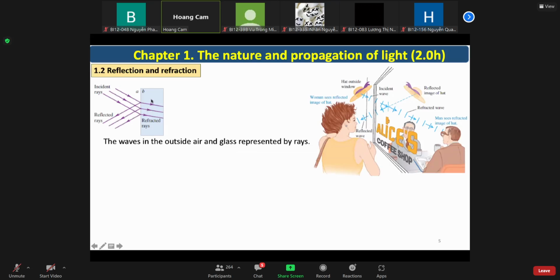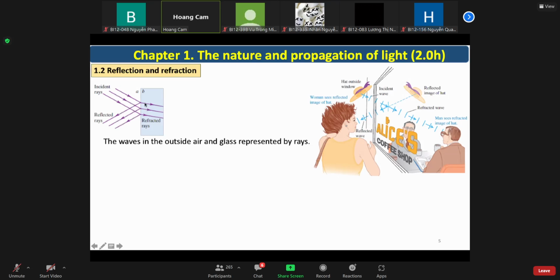And what happens inside the material B is that we also got the refracted rays. However, these rays now go in this direction. It's not the same direction as the incident rays anymore, but they bend. You see, they bend. We use the word bend.